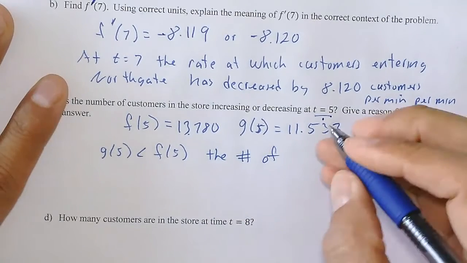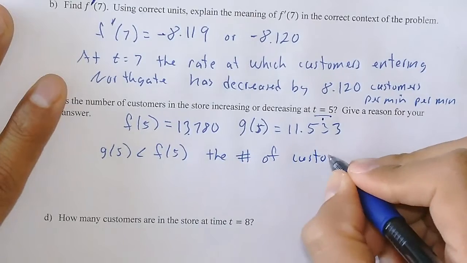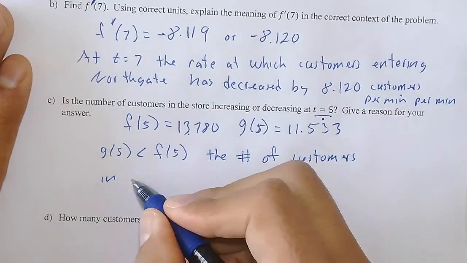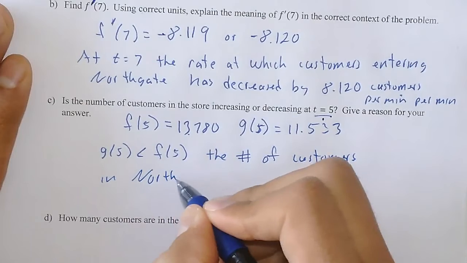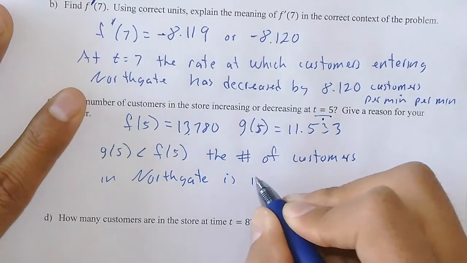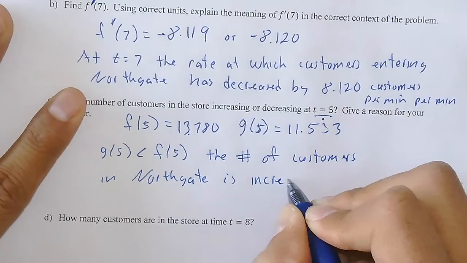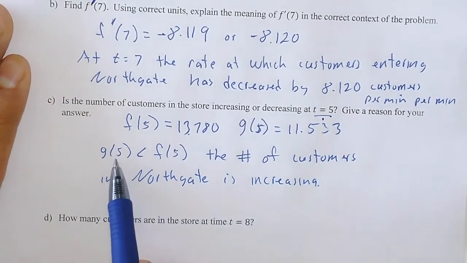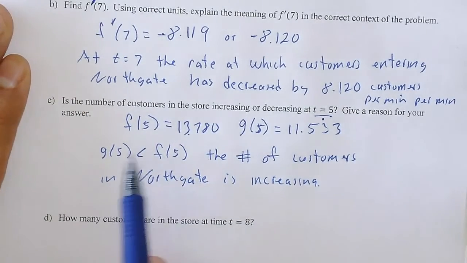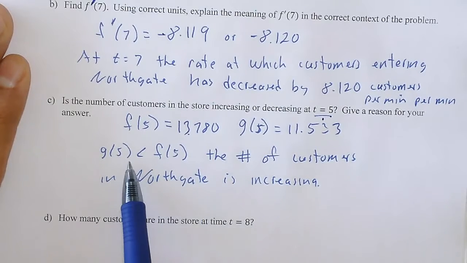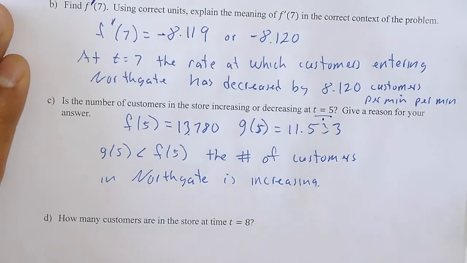How many customers are in the store at time equal 8? So at time equal 8, I can calculate how many people came in. I can calculate how many people came out. And that should give me the total. Now, there's one thing that we have to be careful with to figure out the number of people at time equal 8. We also have to consider that there were 50 people in the store from the beginning.